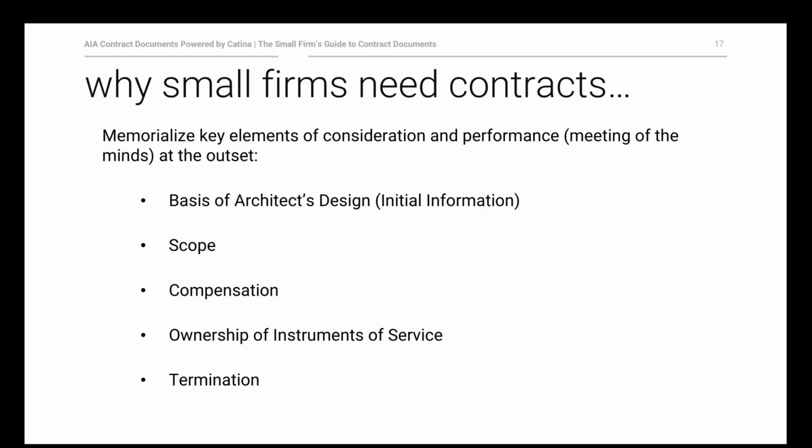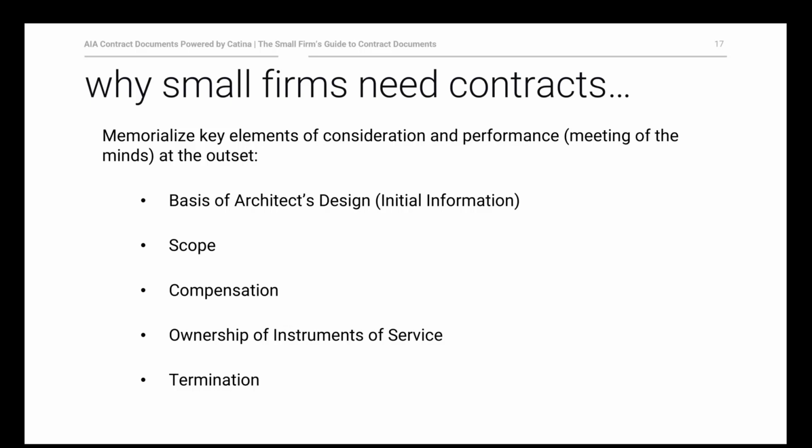Here's how the contract says I'm supposed to handle this, or here's what the contract says was within my scope. What you're asking me to do is beyond the scope that I agreed to. Either I can't do it, or I can do it, but I'm going to need to increase my compensation because my compensation was tied to that scope.